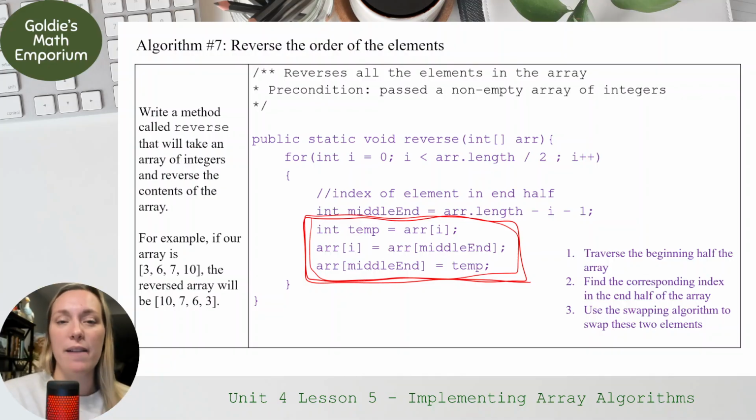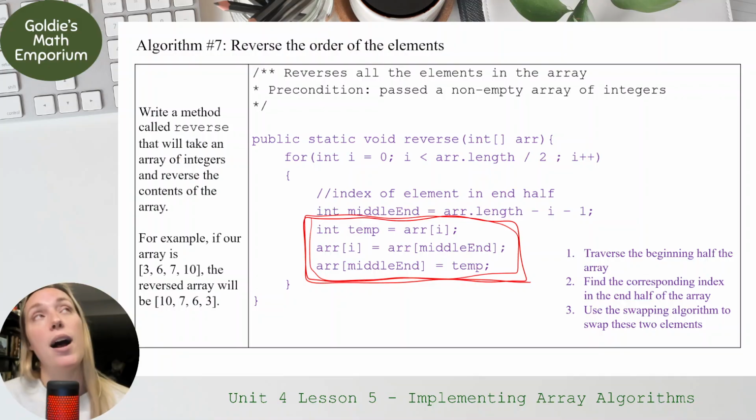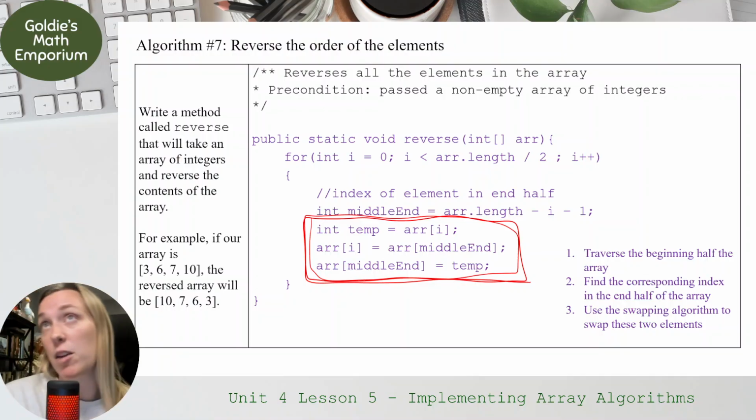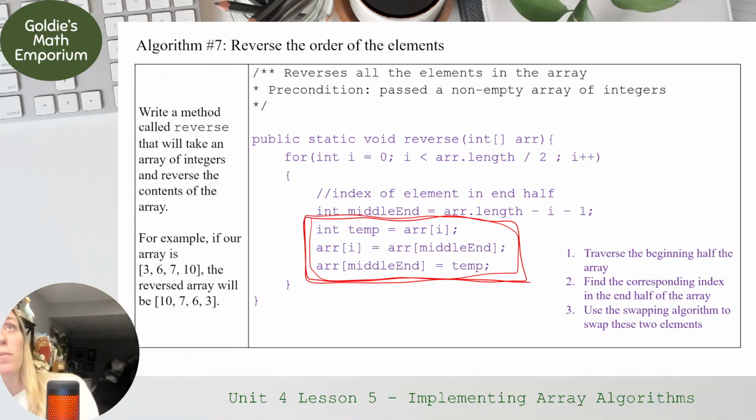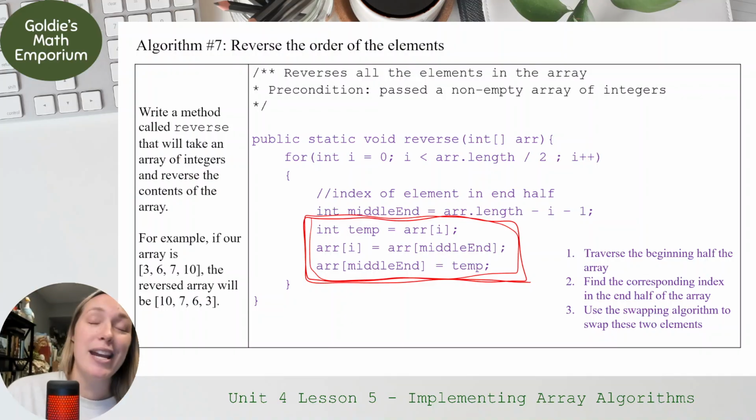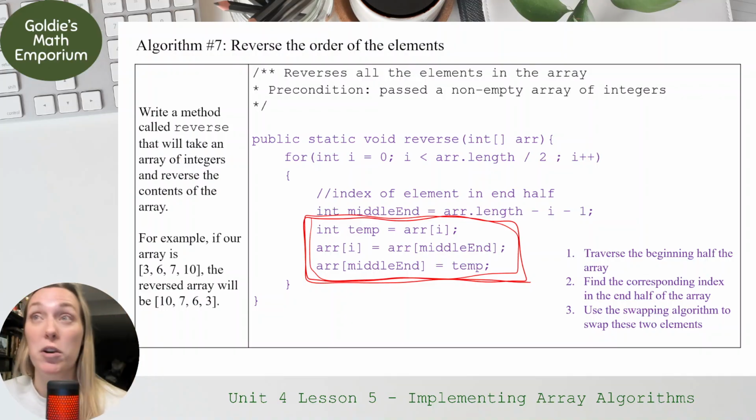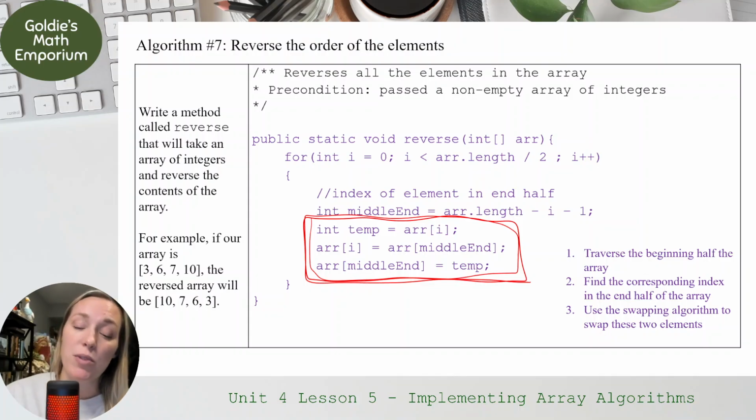Reverse the order of the elements. There are different ways you can do this. That is not the only algorithm to do it. You can definitely use other arrays, other variables, other temp variables to hold values as you swap or rotate. If you wanted to do more of a shifting in order to reverse the order of the elements, you can also do that.